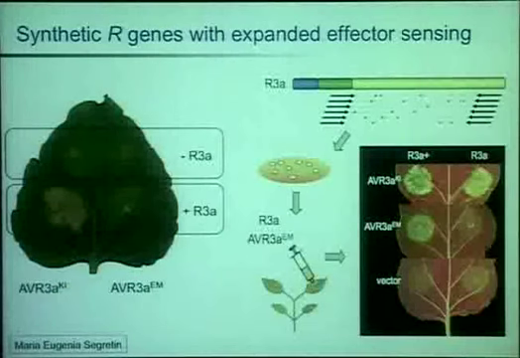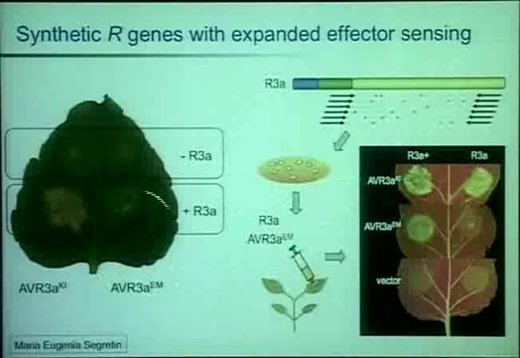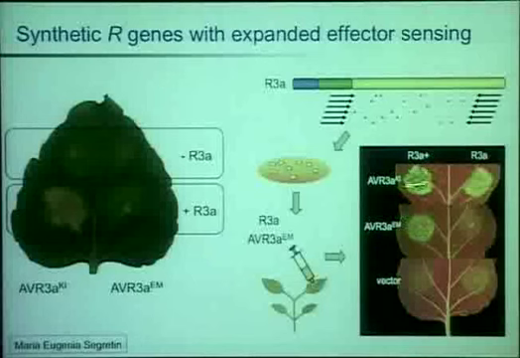So what Maria did is she did an error-prone PCR mutagenesis of R3A, generated a library of about 2,200 mutants of R3A, and then screened for recognition of the EM version of AVR3A. And indeed, she recovered a mutant like this one here, which not only recognizes Ki, like the original R3A, but it also now recognizes the other allele of AVR3A, the EM allele, which the original R3A doesn't.